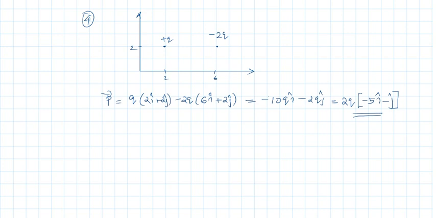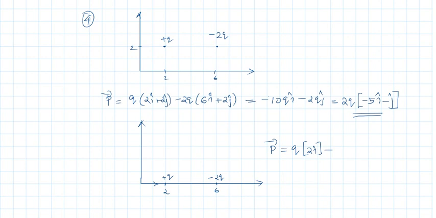Again, if you consider these two charges, but the position is different. That is, these two charges, plus q and minus 2q, are placed respectively at 2 and 6, with y coordinate 0. Then the dipole moment P is: the first charge is q and its position vector is 2 i cap.